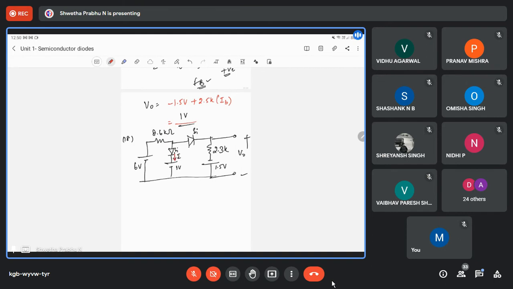The question here is to find the current I flowing through this particular diode and to find the output voltage V naught. Similar to the previous question, please solve this. Initially, we will assume both the diodes to be forward biased.